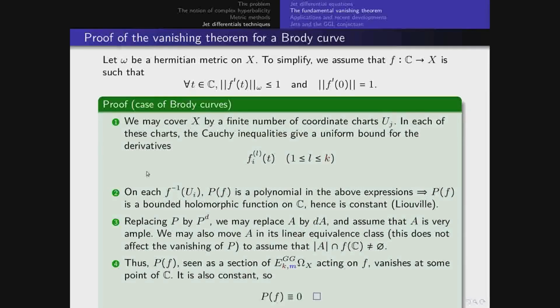So this gives you the proof in the case of a Brody curve, and if you want to remove this hypothesis, you will need some Nevanlinna theory to do that. But the spirit of the proof is not very far from what I have explained here.